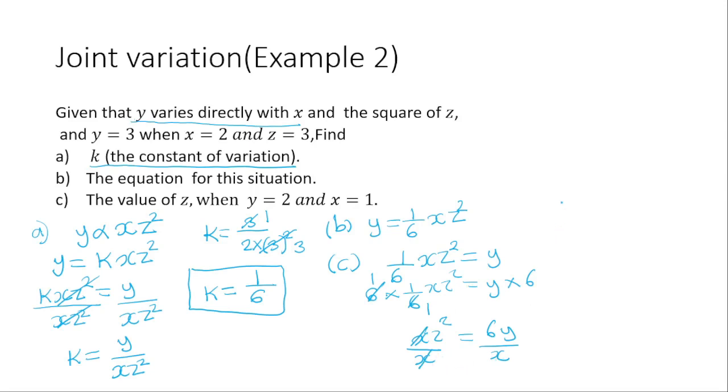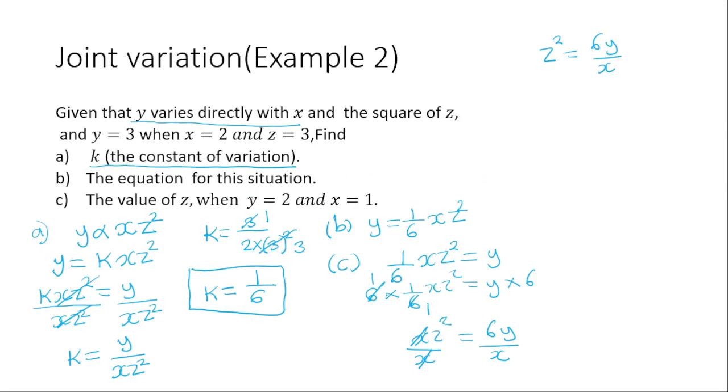So we'll have, let me write it on the top, z squared will be equal to 6y over x. At this stage, we can start substituting the values. We'll deal with the square of z after the substitution is done.